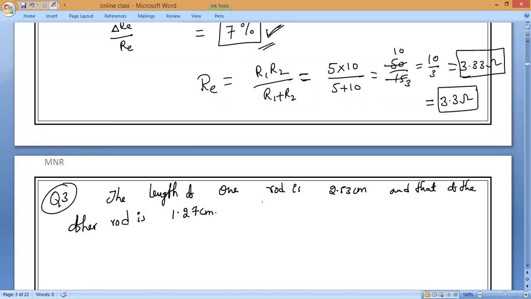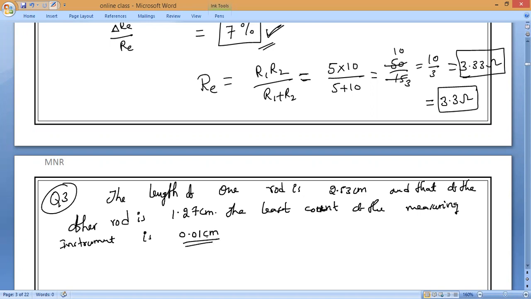The least count of the measuring instrument is 0.01.